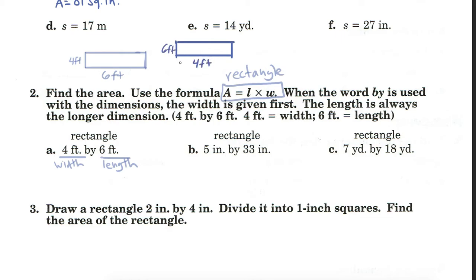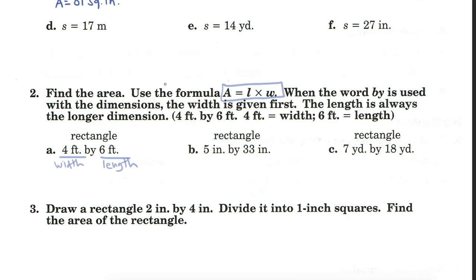You'd be like, what? How come this side is 4 feet and this side is 6 feet when this side is obviously longer? Whatever is the longest measurement, that's the length.